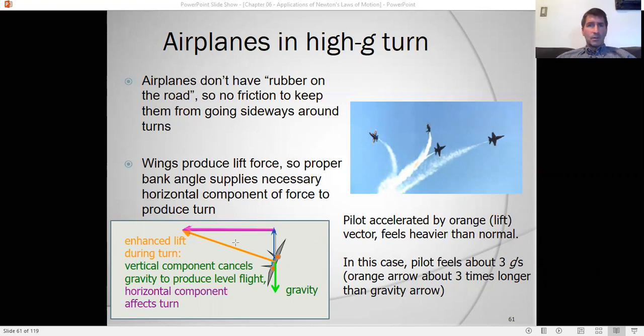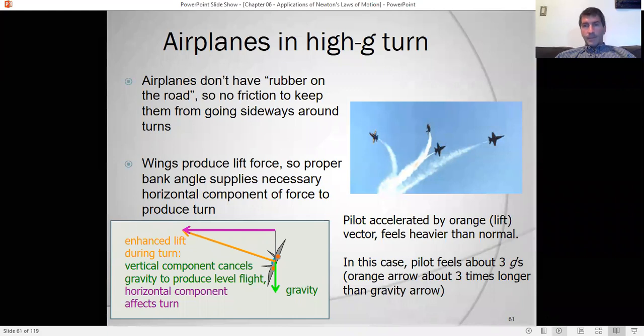And you get the same thing on a roller coaster. When you go down and through a tight turn, that large amount of normal force, now the lift is providing what would have been the normal force on a roller coaster, gives you the sensation of being much heavier than you are. I always found that very interesting, that you couldn't just turn like you do in a car. You actually have to rotate the whole plane to execute that turn.